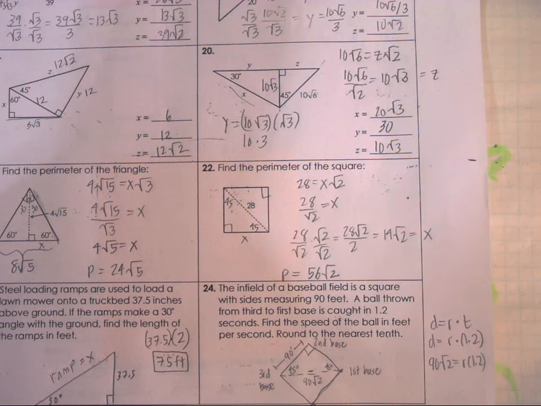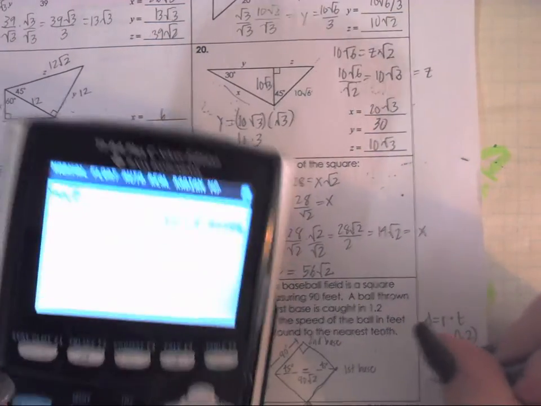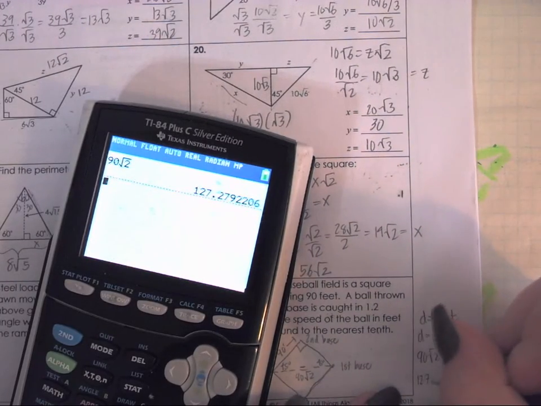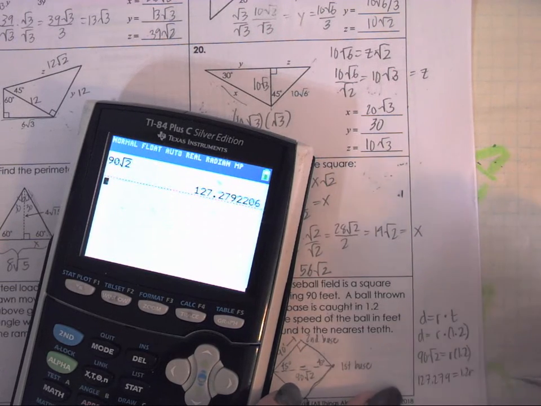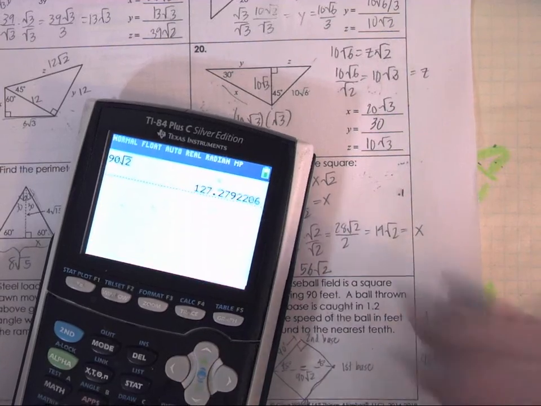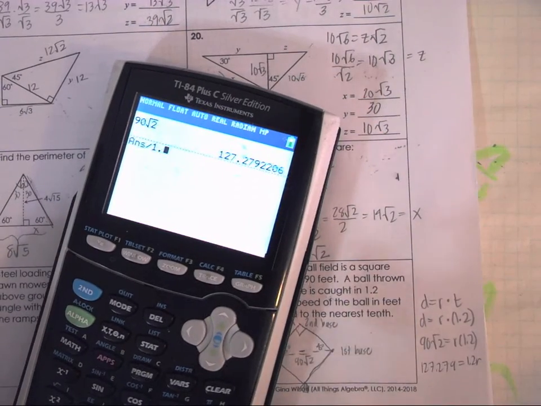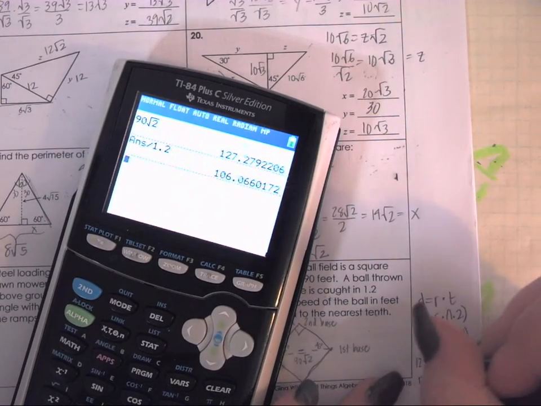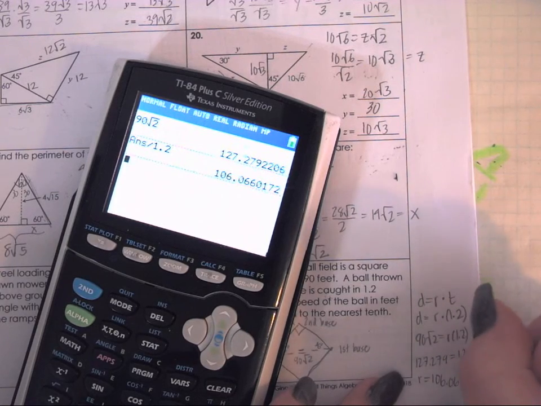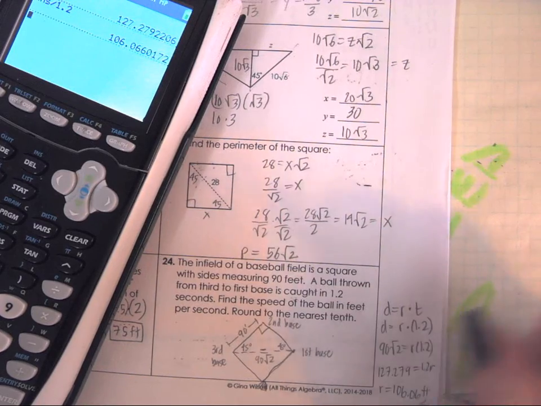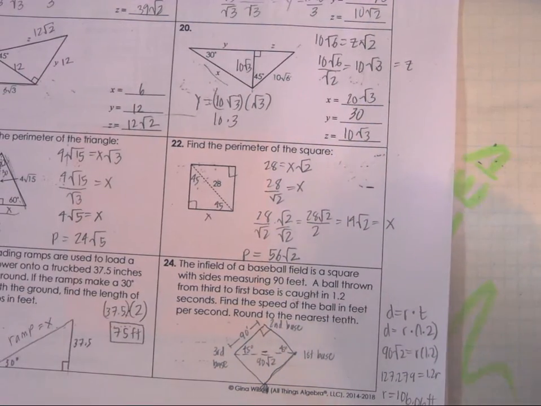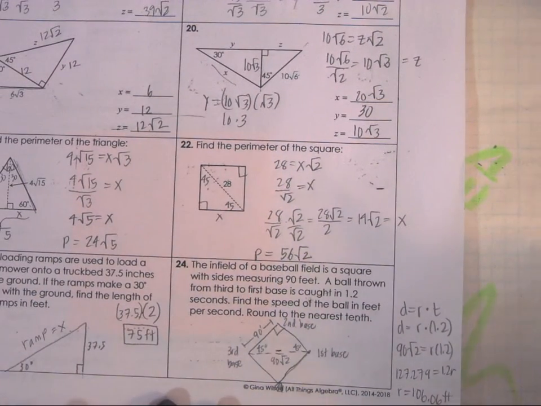So 90 root 2 is 127.279, which equals 1.2 r, and then you divide both sides by 1.2, and you get the rate is 106.06 feet per second. Round to the nearest tenth would be 106.1, but that's good enough.